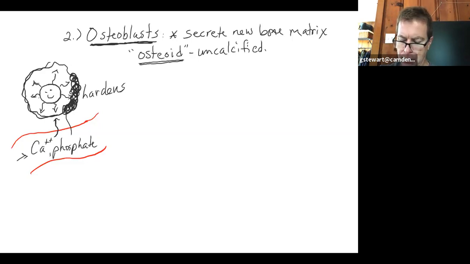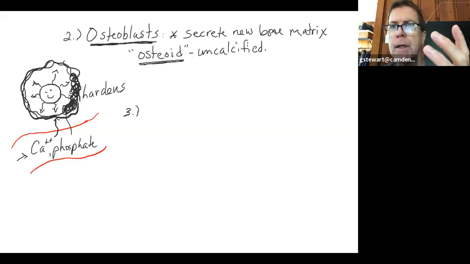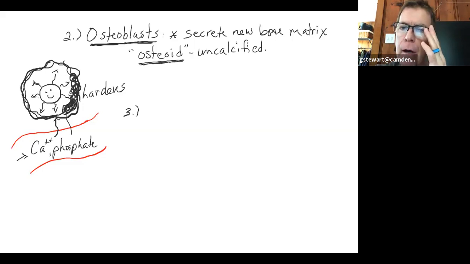Now here's the deal. An osteoblast is an immature bone cell, and it secretes this stuff. And when that stuff hardens and this osteoblast gets completely surrounded in new bone matrix, it becomes what we call an osteocyte, a mature bone cell. Once it gets surrounded in its hard bone matrix, it stops secreting osteoid.